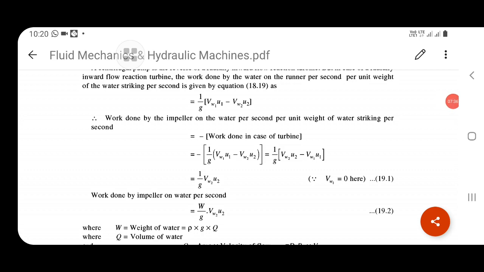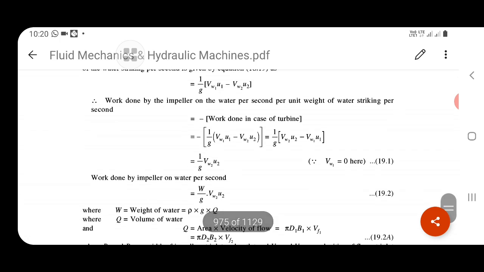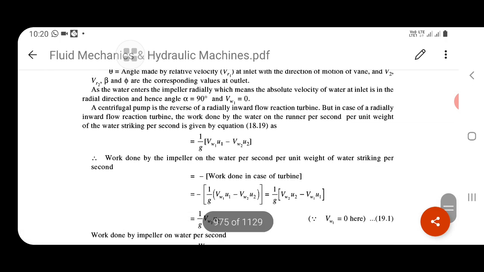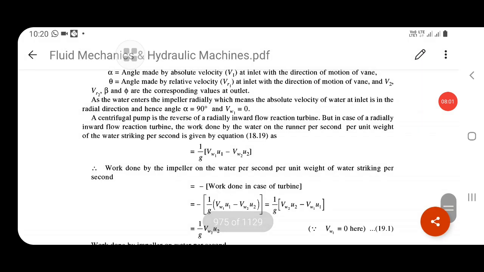So the work done is w Vw2 U2 upon g, as Vw1 is 0 initially, where w is the weight of water, rho g Q, and Q is the flow rate. So write this down first, and then next find the formulas.